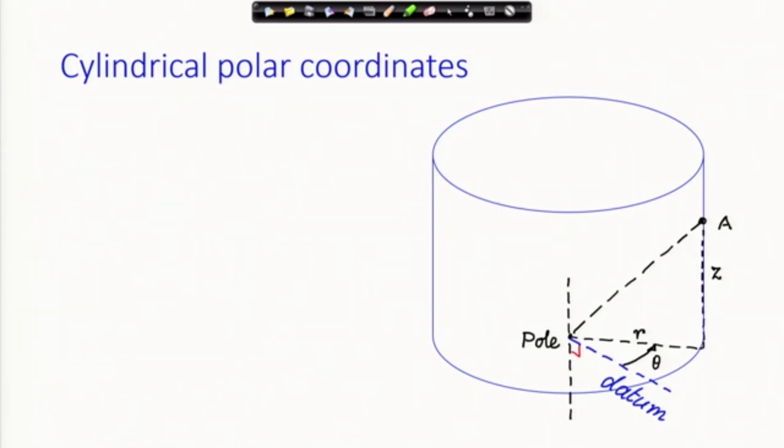Therefore, our coordinates are r, theta and z, and we have the unit vectors E r cap, E theta cap and E z cap. The directions are chosen such that E r cap is along the radial line away from the pole, E theta cap is in the direction of increasing theta, and E z cap is the cross product of E r and E theta. So, E z is E r cross E theta.